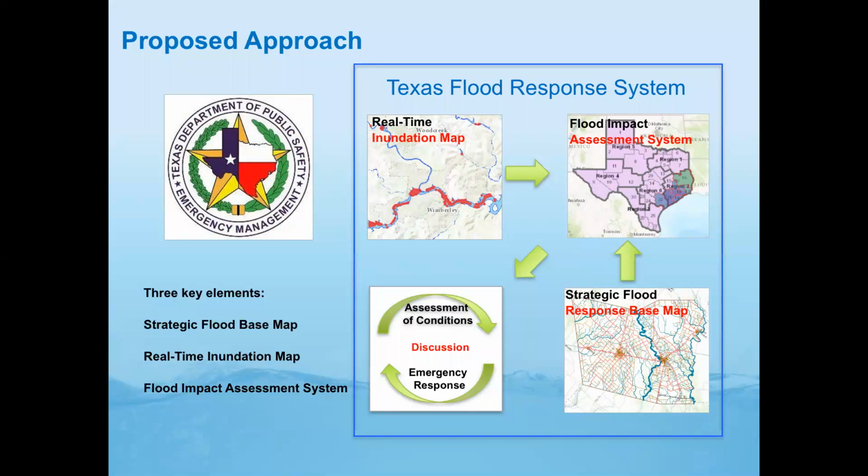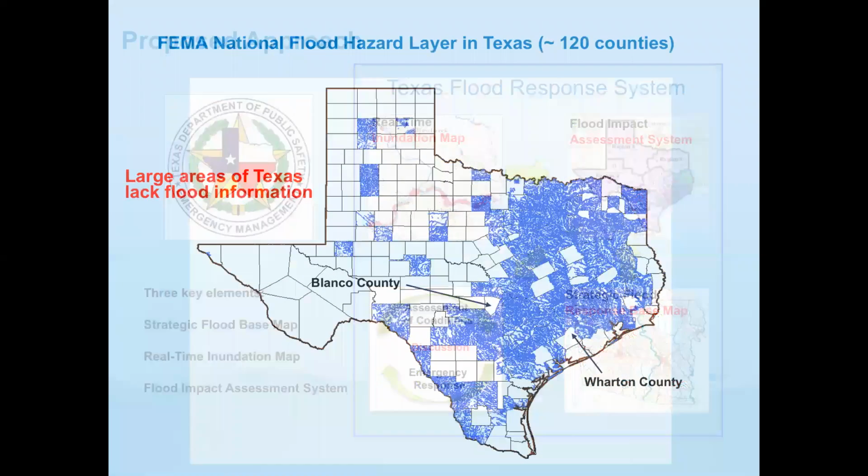One level is just getting an inundation map. What does it look like for flood planning, and what does it look like for real time? There's a fair bit of discussion that goes on, and what we want to provide at the local level is a strategic flood response-based map that then can be used for incident response. So those are the various products.